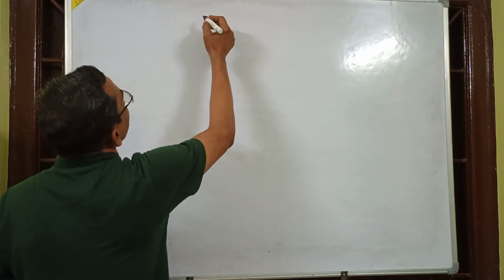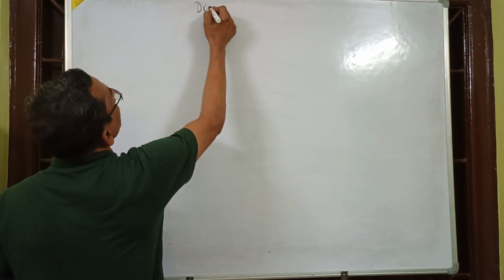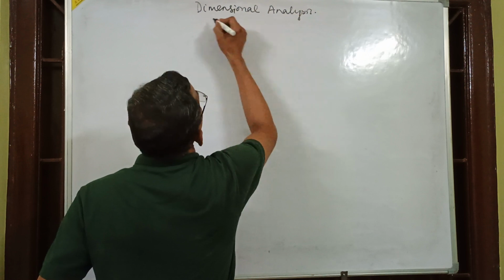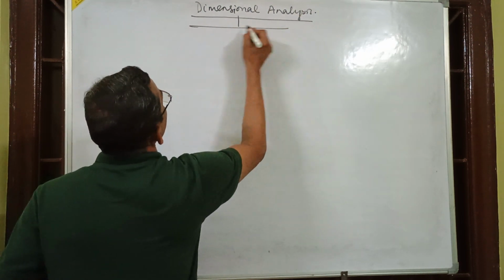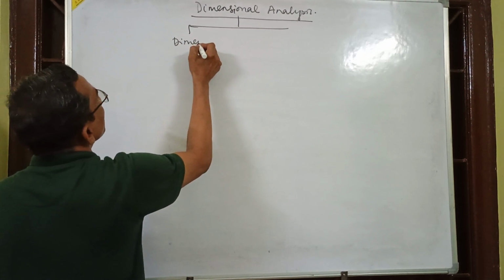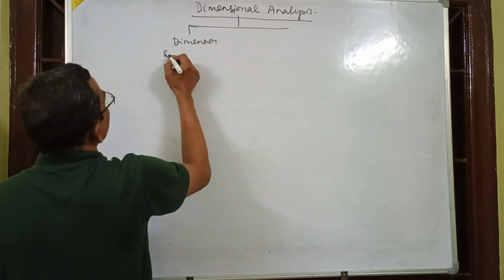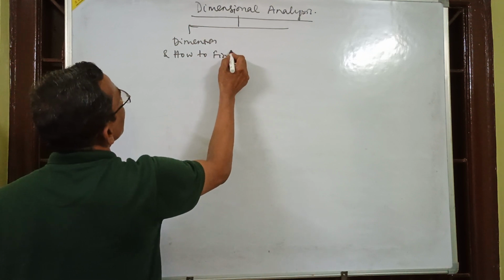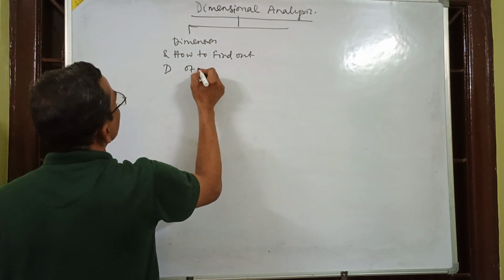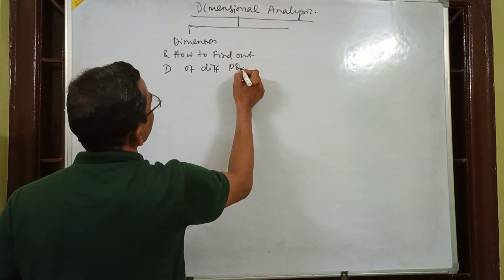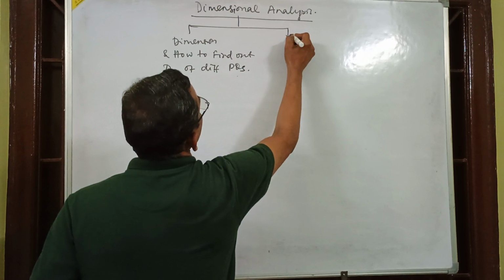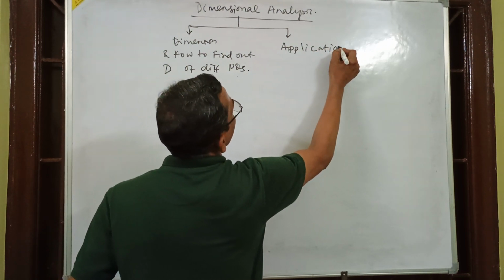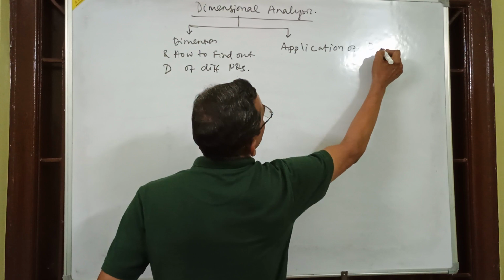The next class is dimensional analysis. In this, we will be studying two subtopics: what is dimension and how to find the dimension of different physical quantities, and next is the application of dimension.